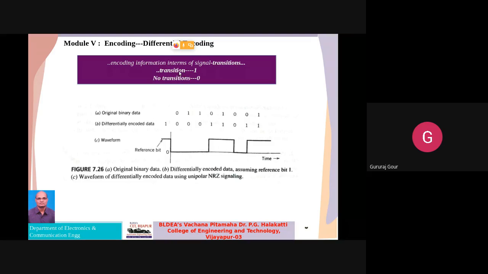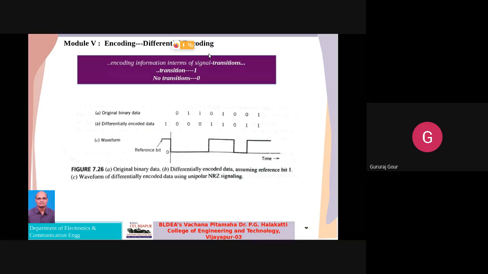If there is a transition, it means you are changing status from 0 to 1 or 1 to 0. Let us assume the original binary data could be 0, 1, 1, 0, 1, 0, 1. This is the data we actually want to transform using the encoding process.